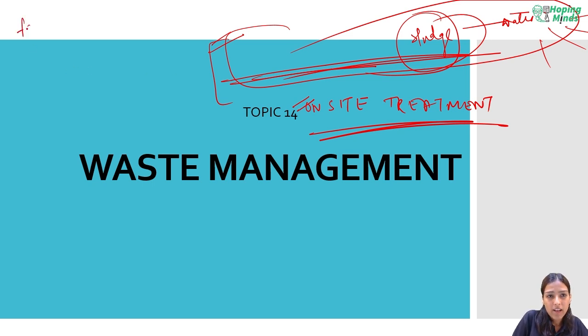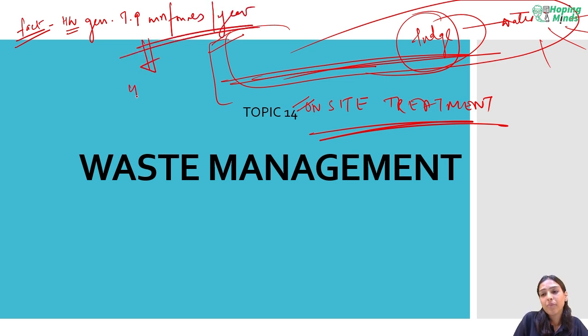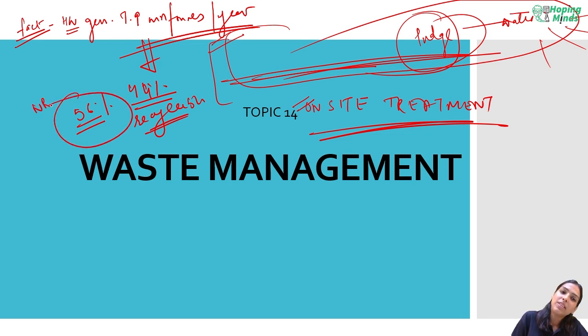In India, it's not a very nice fact, but something we should know, that India's hazardous waste generation is approx 7.9 million tons per year, with only 44% that is recyclable, meaning thereby the remaining 56% is non-recyclable.